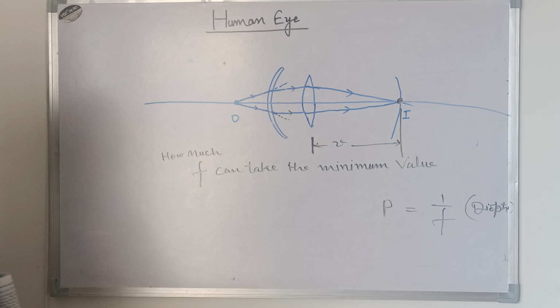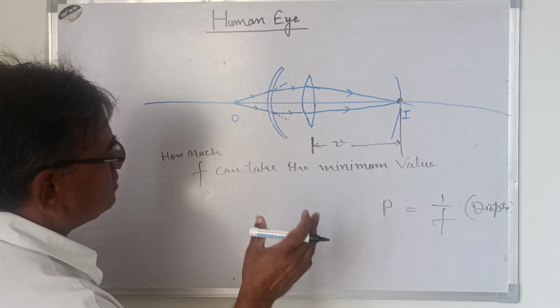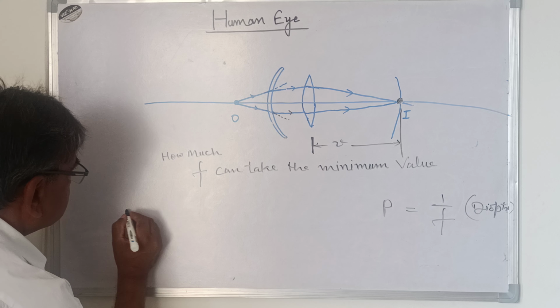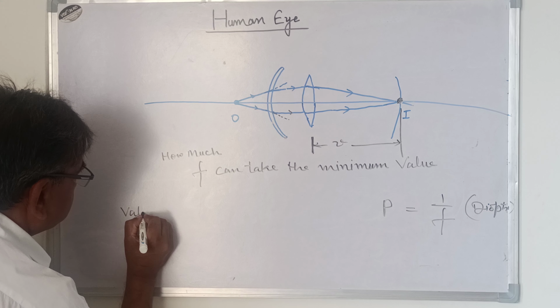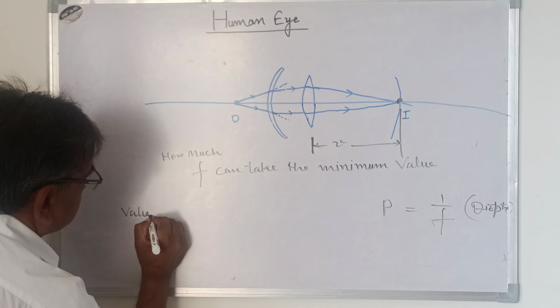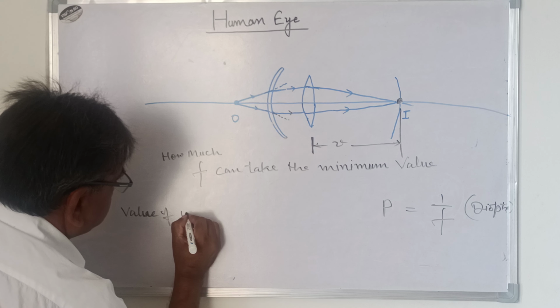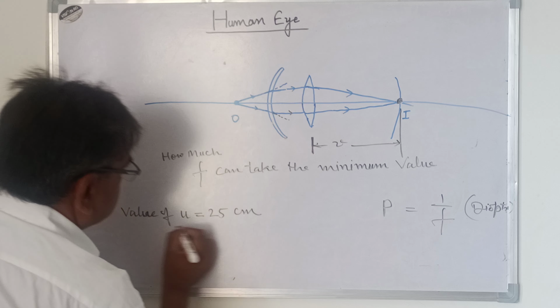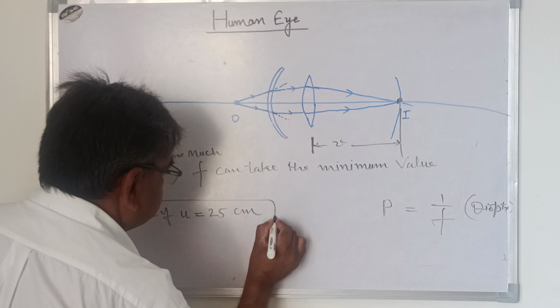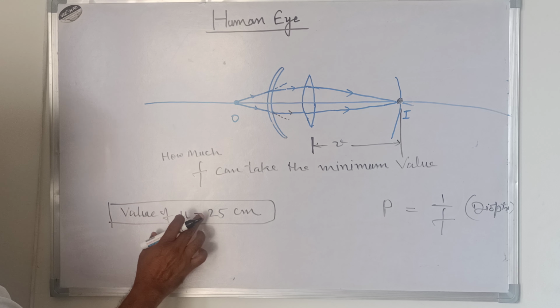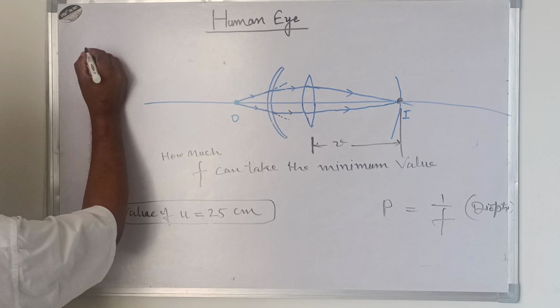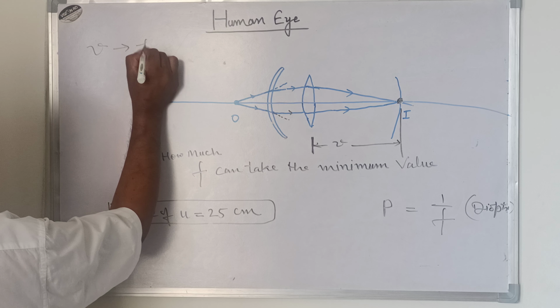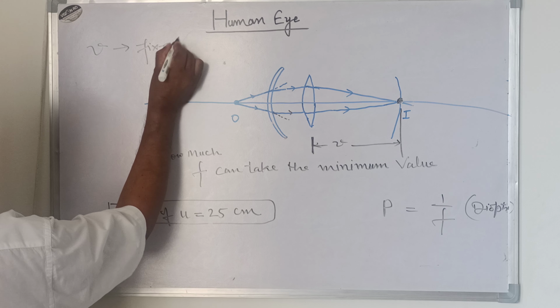So it was found, when examined, that the value of u is equal to 25 centimeter, and corresponding to this value your v is fixed, the structure of the eye is fixed.